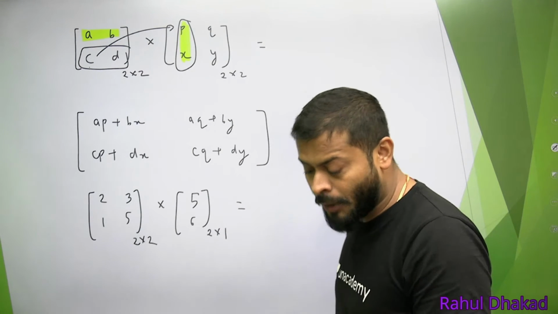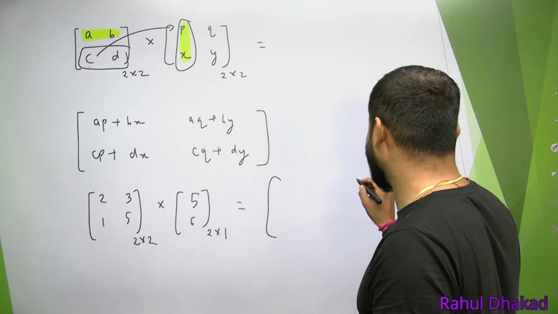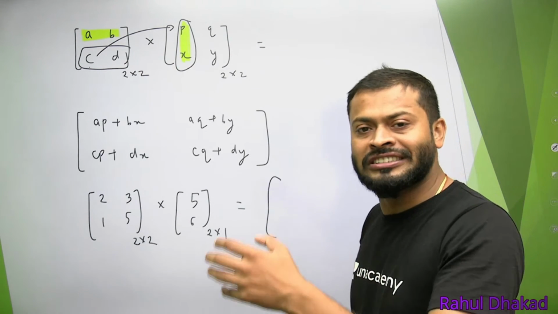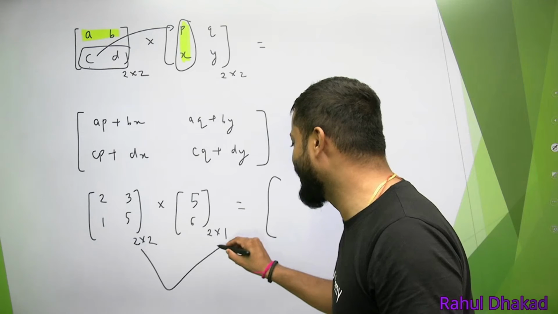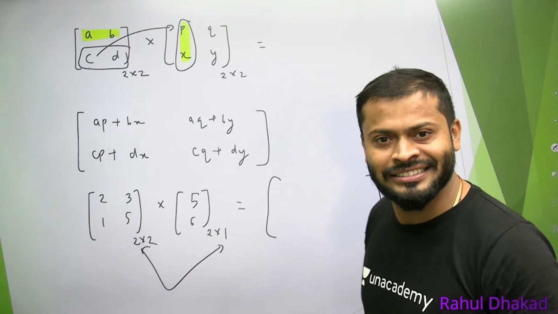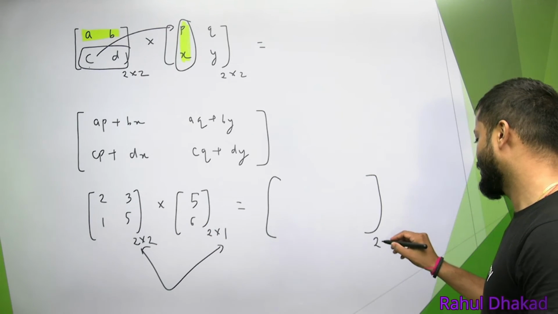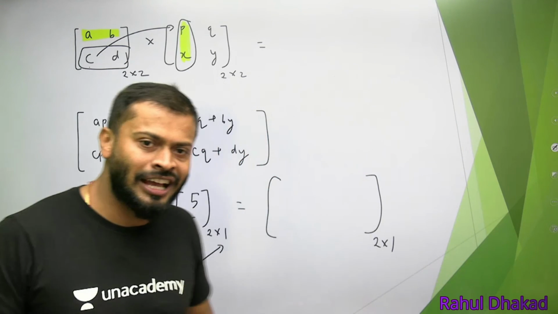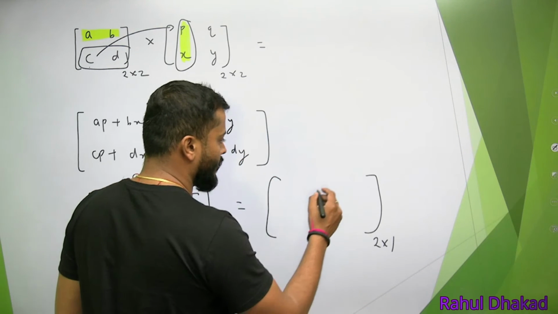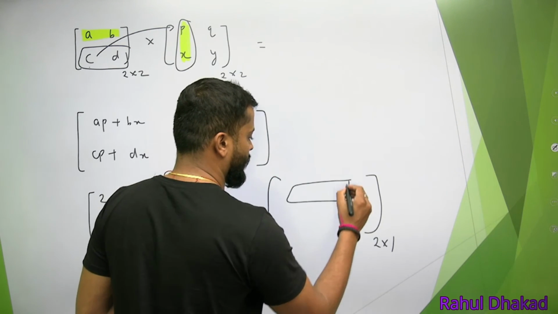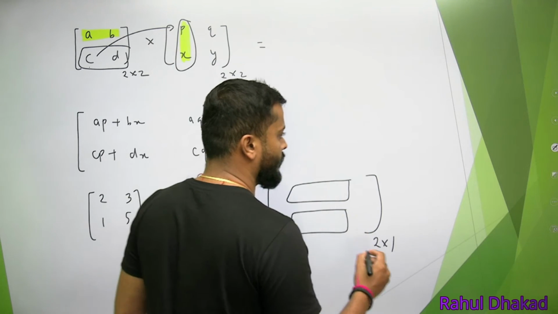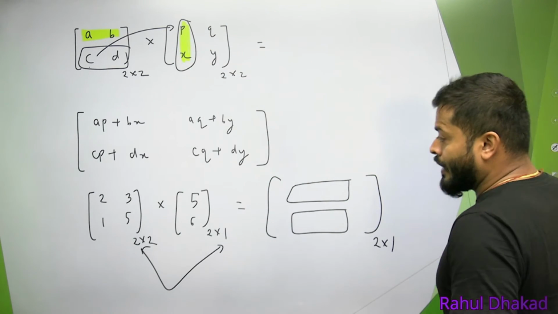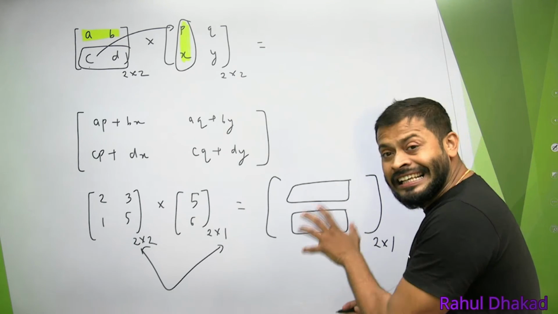Now, let's talk about its resultant. First of all, tell me, what will be the order of its resultant? Yes, sir. Order will be 2 cross 1, isn't it? It means there will be 2 rows and 1 column, right? It means we have to fill these 2 blocks.